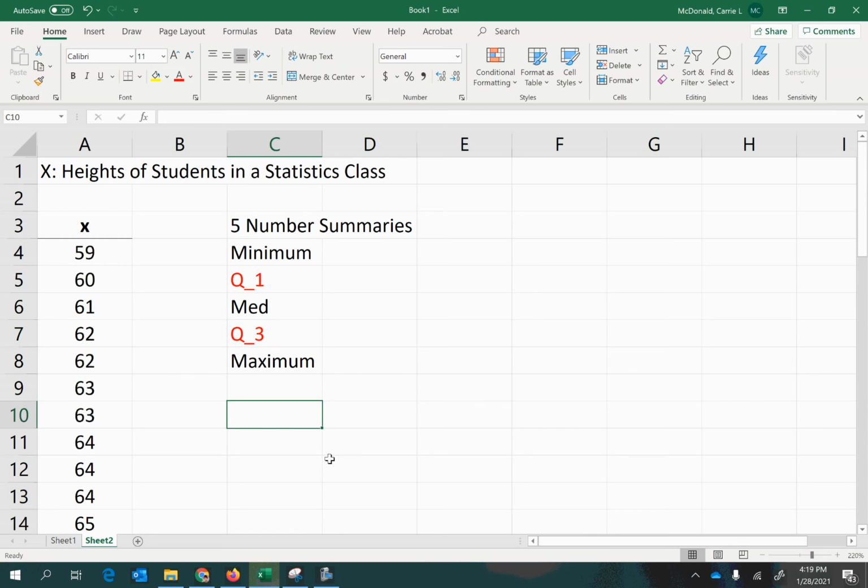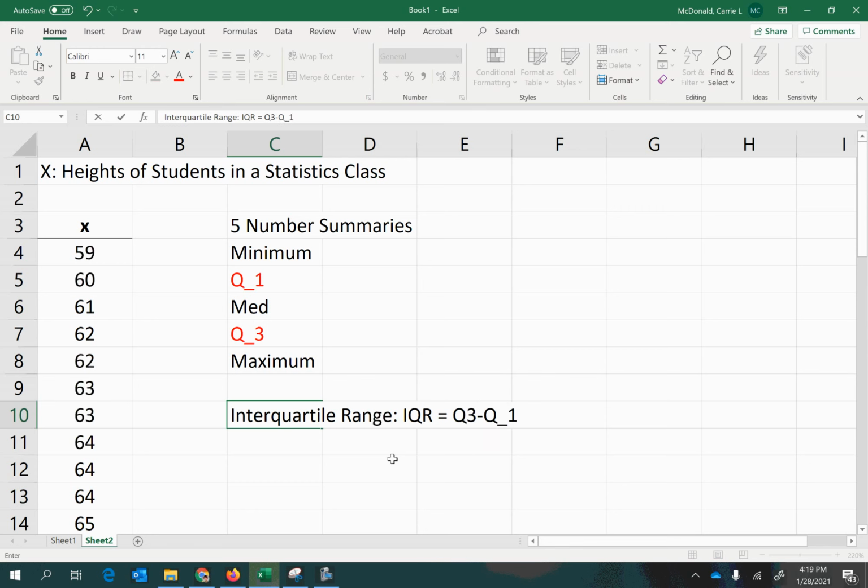So the interquartile range is another thing you deal with, and that's abbreviated as IQR, and that is equal to Q3 minus Q1. And we use that to identify outliers.